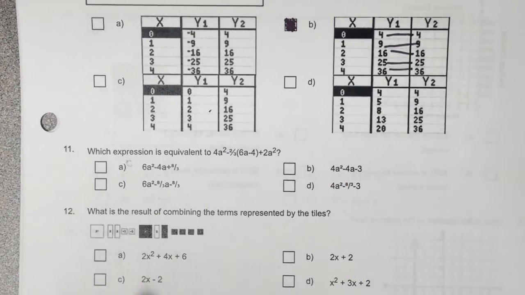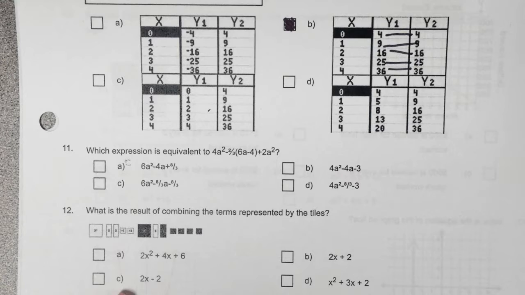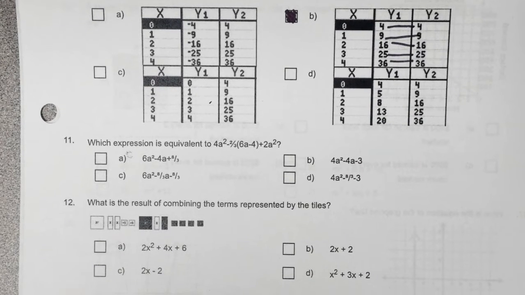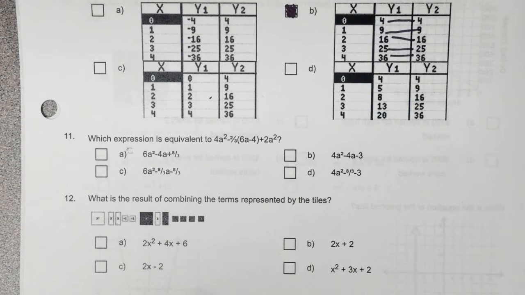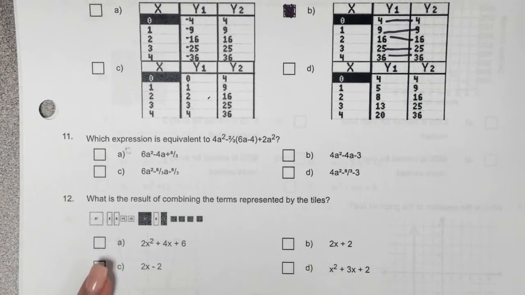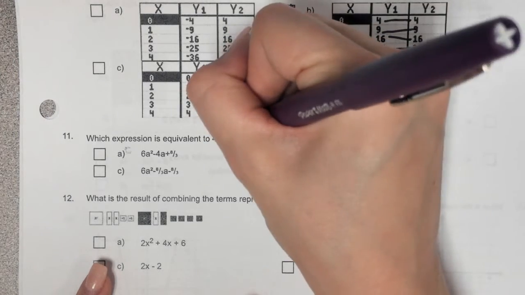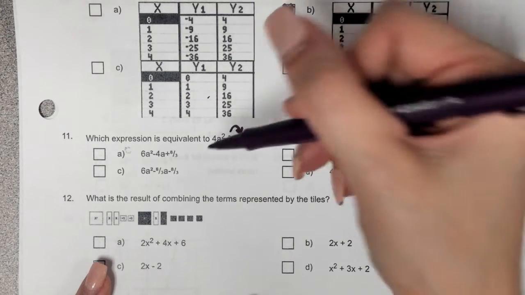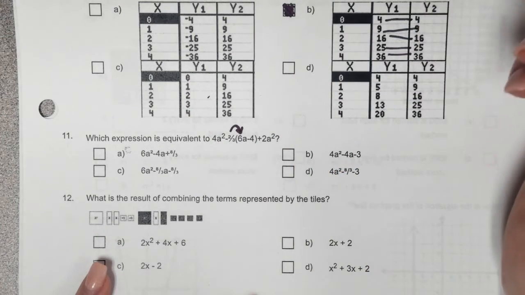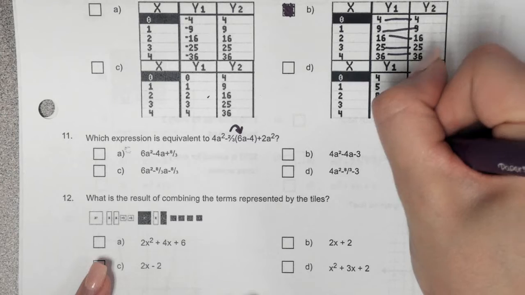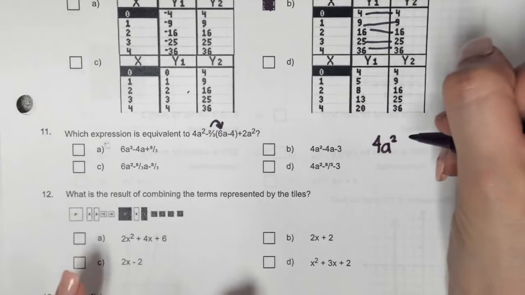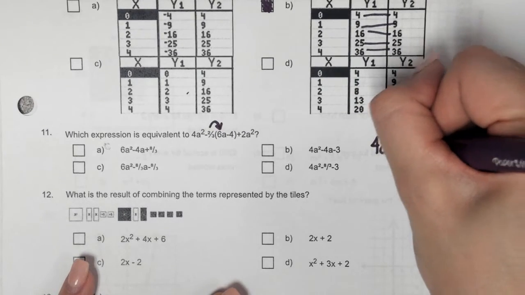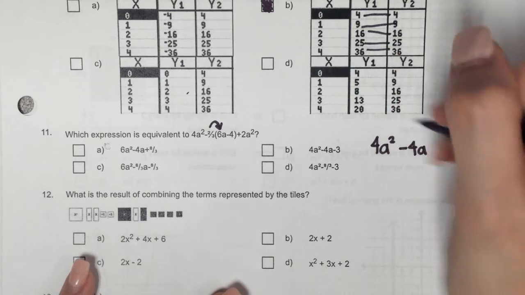Which expression is equivalent to 4a squared minus 2/3 parentheses 6a minus 4 plus 2a squared? Anytime you have a number outside of parentheses, we are distributing. Guys, you can do that in your calculator. Negative 2/3 times 6. So we get 4a squared. Negative 2/3 times 6 is a negative 4a.